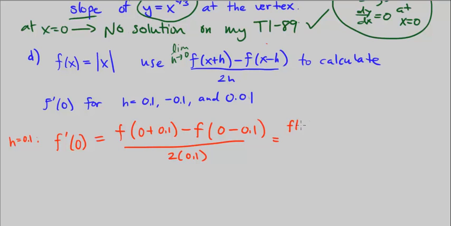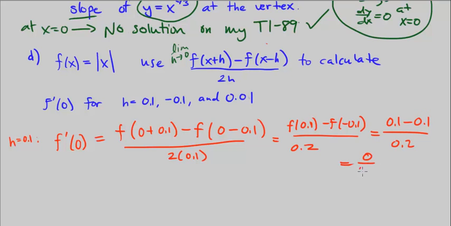So that's just f(0.1) minus f(-0.1) over 0.2. Okay, so what is f(0.1)? We're using the absolute value function, so it's going to keep it positive, minus, what is it again? Positive again, over 0.2. The numerator becomes 0, and that's equal to 0. So f prime is 0 using h equals 0.1.